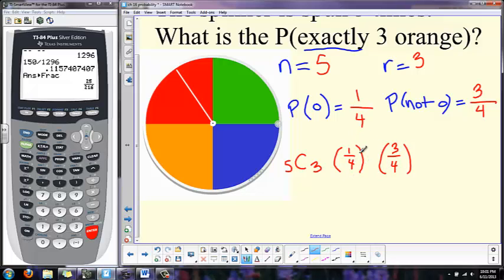How many times do I want to spin and land on orange? I want exactly 3 oranges. So, how many times do I want to spin and land on orange? That's going to be 3. Well, if I'm doing a total of 5 trials and I want 3 of them to be orange, how many of them are not going to be orange? 5 minus 3 gives me 2.